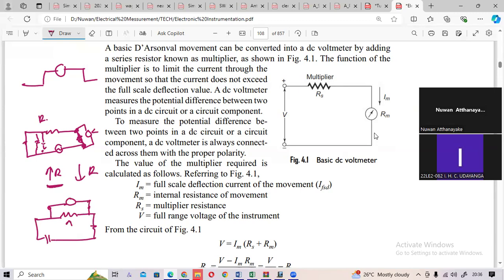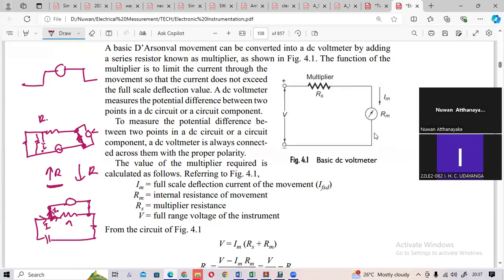If this is high resistance, then the current going through this voltmeter is very small, and most of the current will go through the component. So the voltage of the component will be approximately or nearly equal to the actual value.